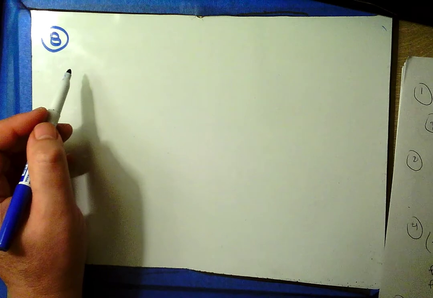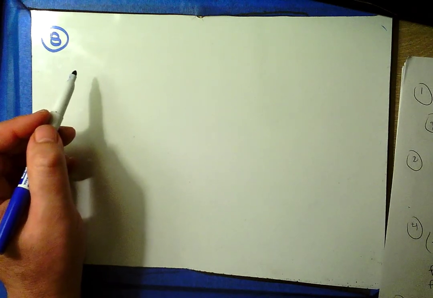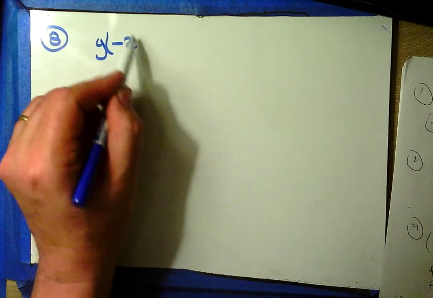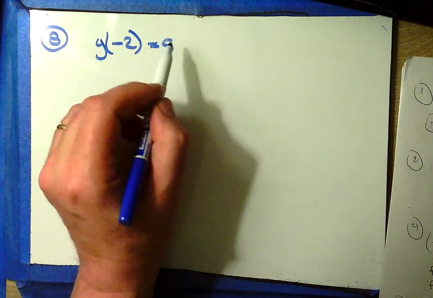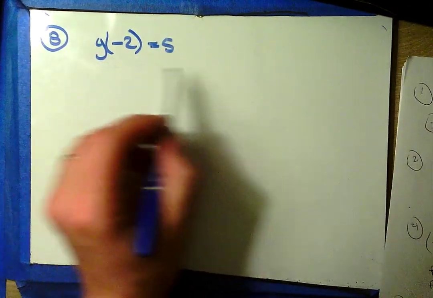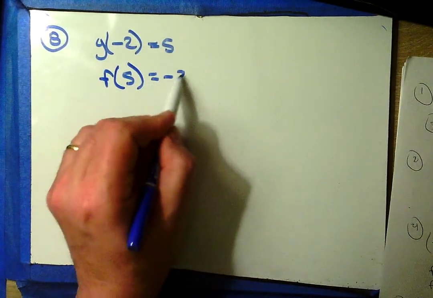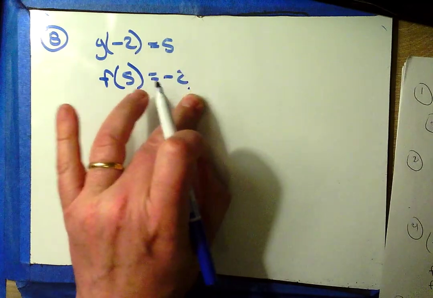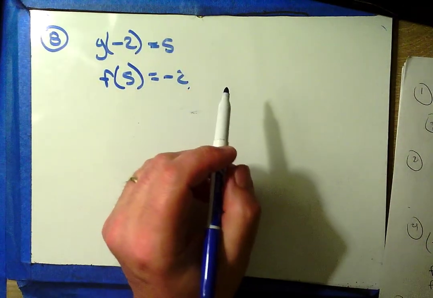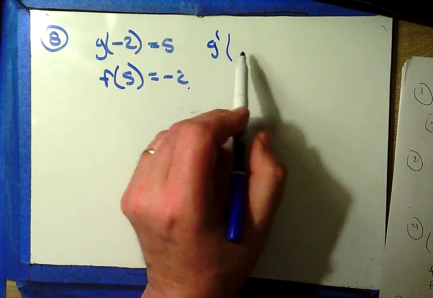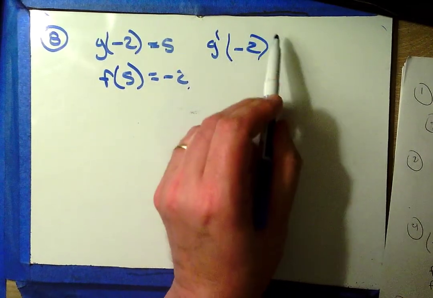Let's take a look at 8. It says f and g are differentiable everywhere, g is the inverse of f, and g of -2 equals 5. And we know that f of 5 equals -2 because these are inverse functions. We want to know what g prime of -2 is.